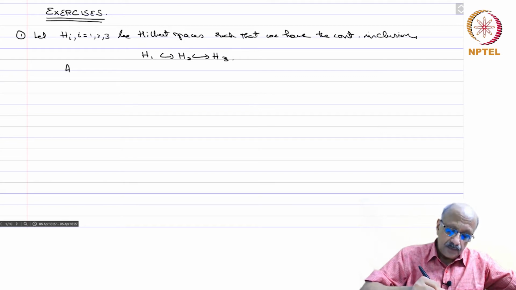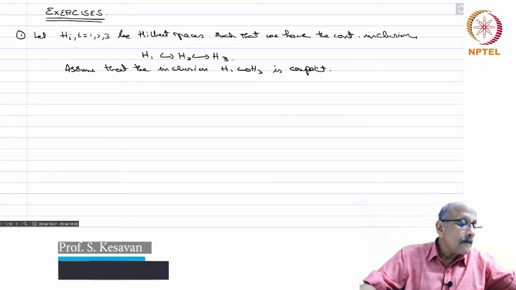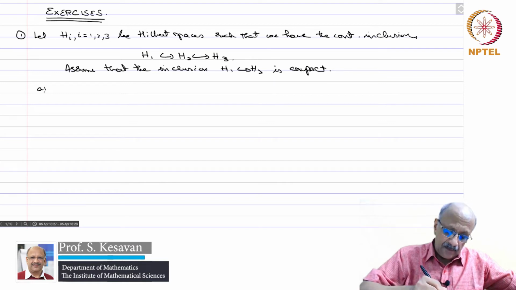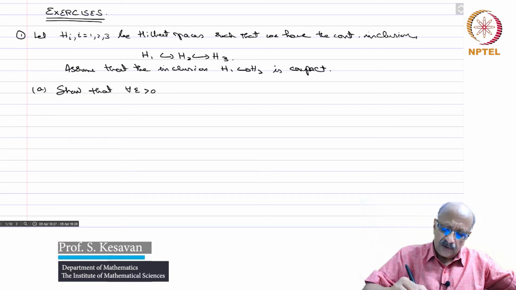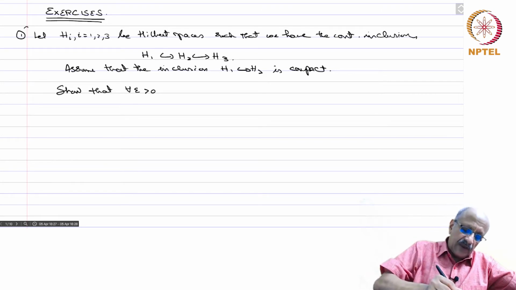Assume that the inclusion H1 in H2 is compact. A. Show that for every epsilon positive, okay, this itself is A.